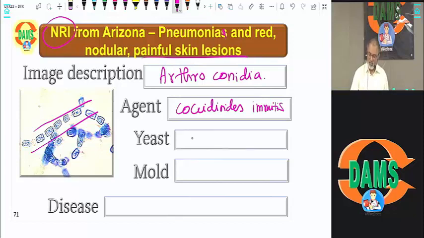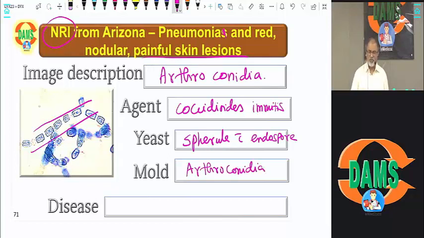Yeast looks like spherule with endospores. You are aware of that. Mold form looks like arthroconidia. What disease does it cause? Desert rheumatism, San Joaquin Valley fever.